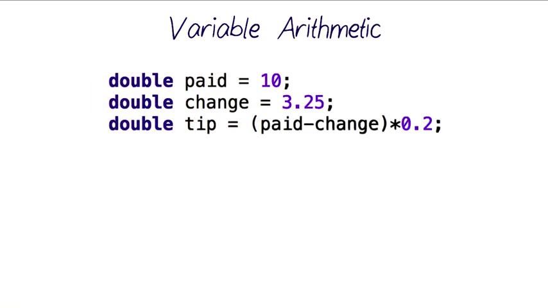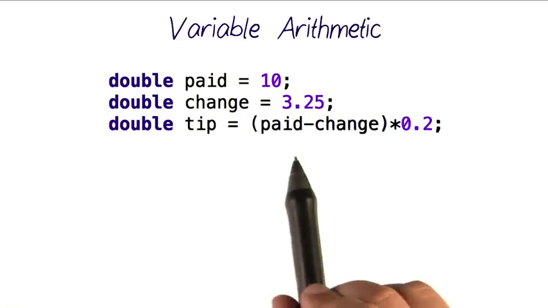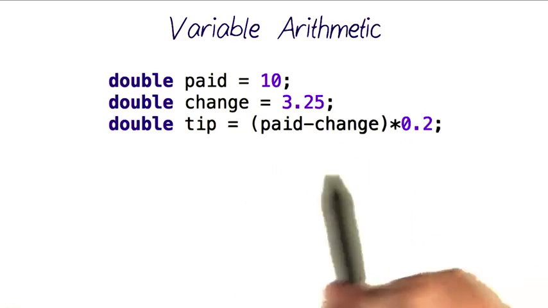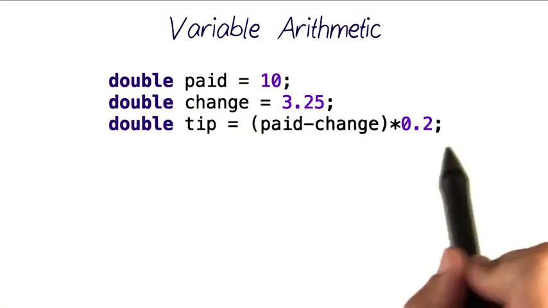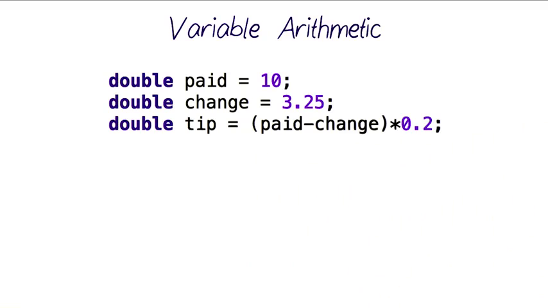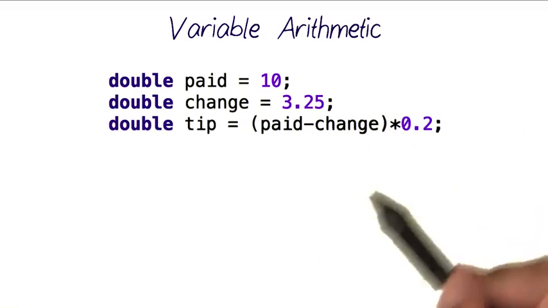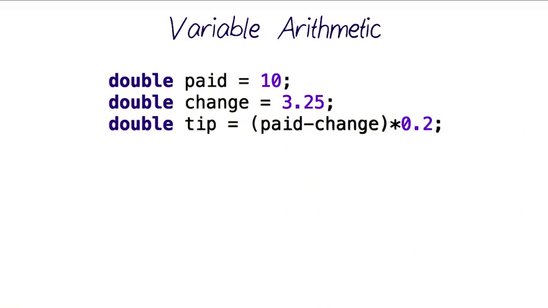We can even combine more and more arithmetic operations into one statement. For example, if I wanted to calculate the amount of tip I should leave based on the amount that I've paid and the change I got back, I could just subtract change from the amount paid and multiply that entire result by 0.2, which is 20%. Notice how I've used this set of parentheses around the subtraction here before I do the multiplication.